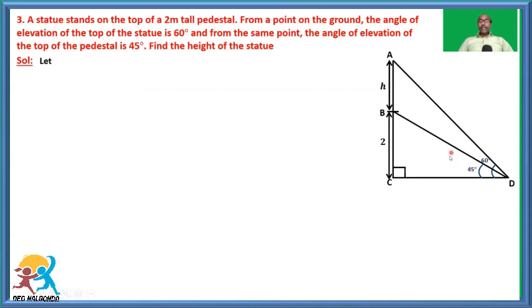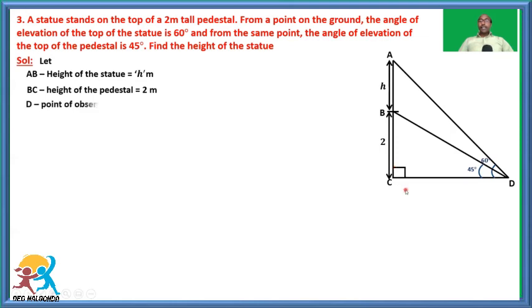So now let AB be the height of the statue, which we have to find here. Take it as H meters. BC is the height of the pedestal, 2 meters. D is the point of observation. Now, given angle ADC is equal to 60 degrees, angle BDC is 45 degrees.